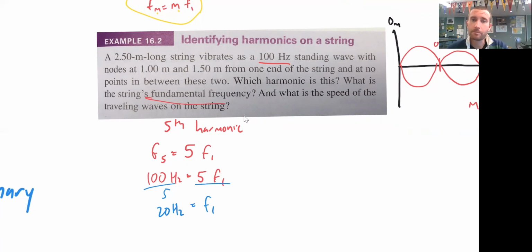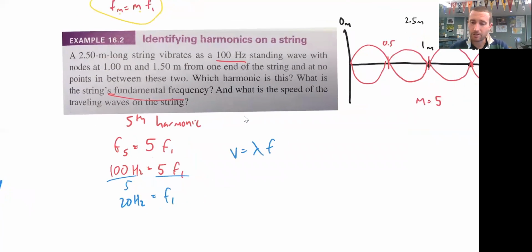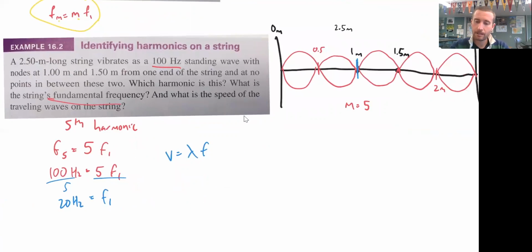And then what is the speed of the traveling waves on the string? Okay, so for the traveling waves on the string, I know that wave speed equals wavelength times frequency. And I think I'm going to do it just based off of this diagram. So the wavelength is 1 meter, because I get 2 bumps in 1 meter.